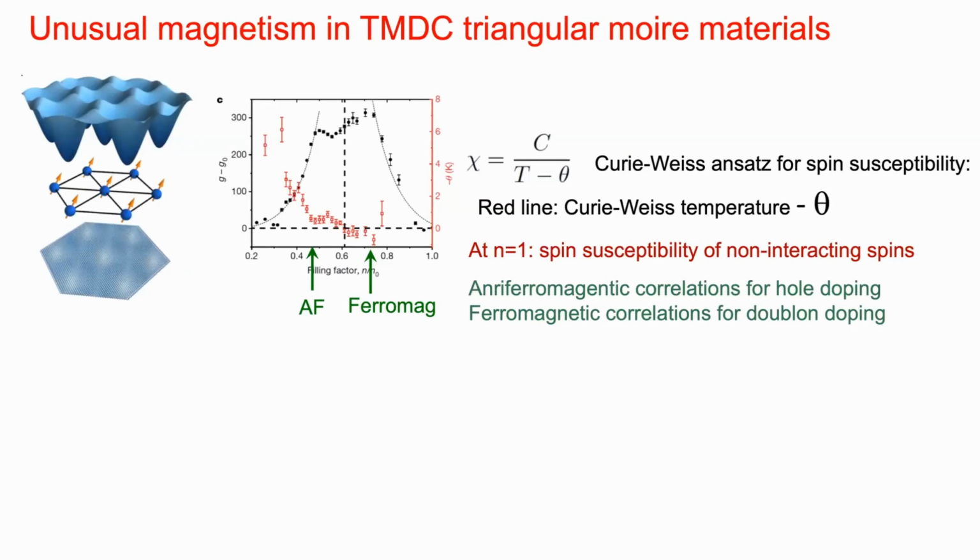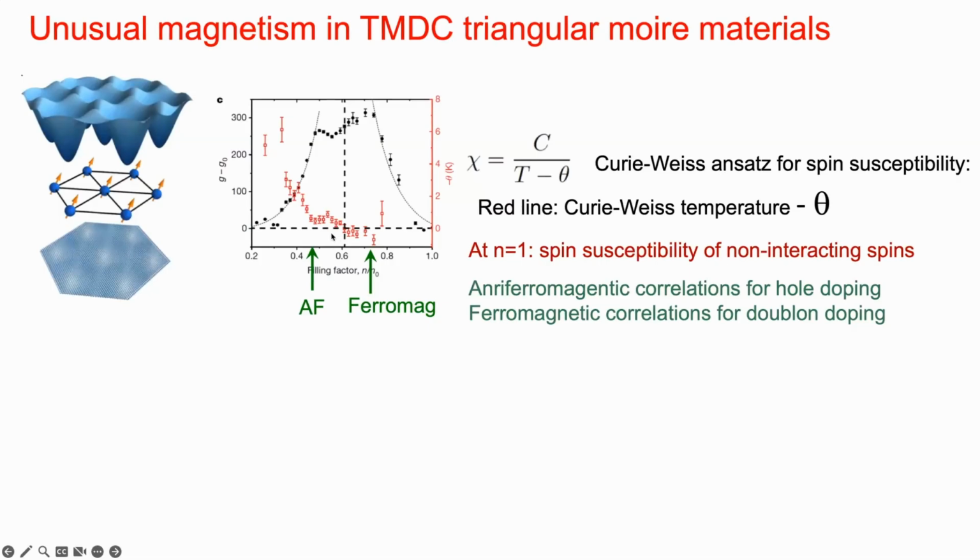When theta is 0, we just have 1/T susceptibility of non-interacting, localized spins. When theta is positive, then susceptibility is enhanced, so we're talking about ferromagnetic interactions. And when theta is negative, then we have antiferromagnetic interaction, which suppresses spin susceptibility. And what is plotted here is basically minus theta. And you can see that within the error bar, theta is equal to 0.